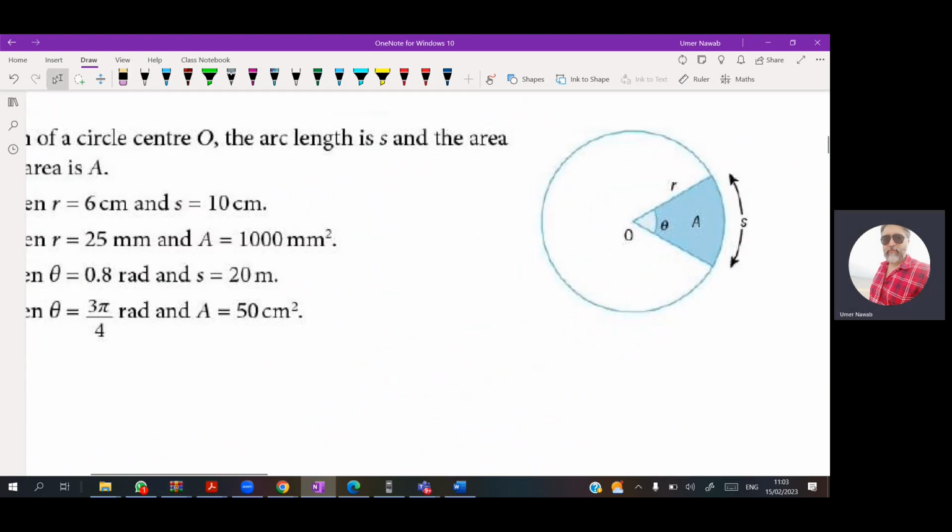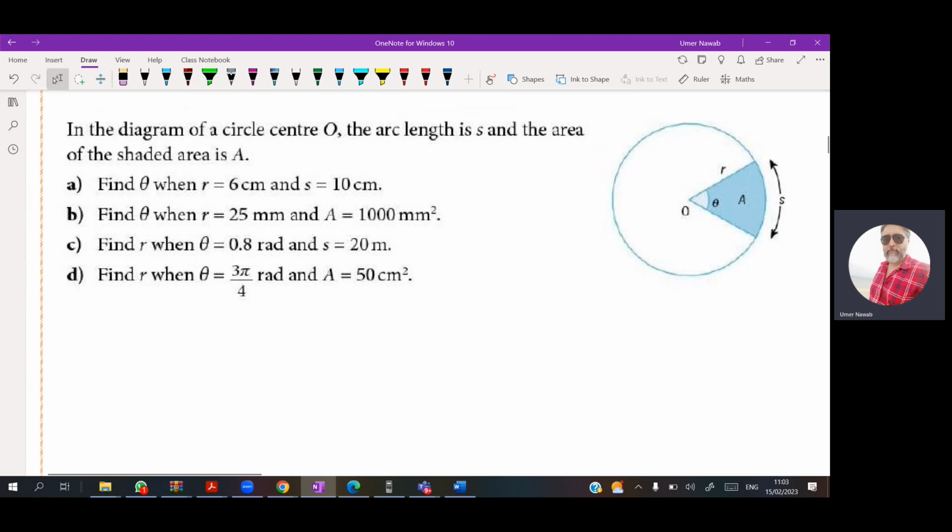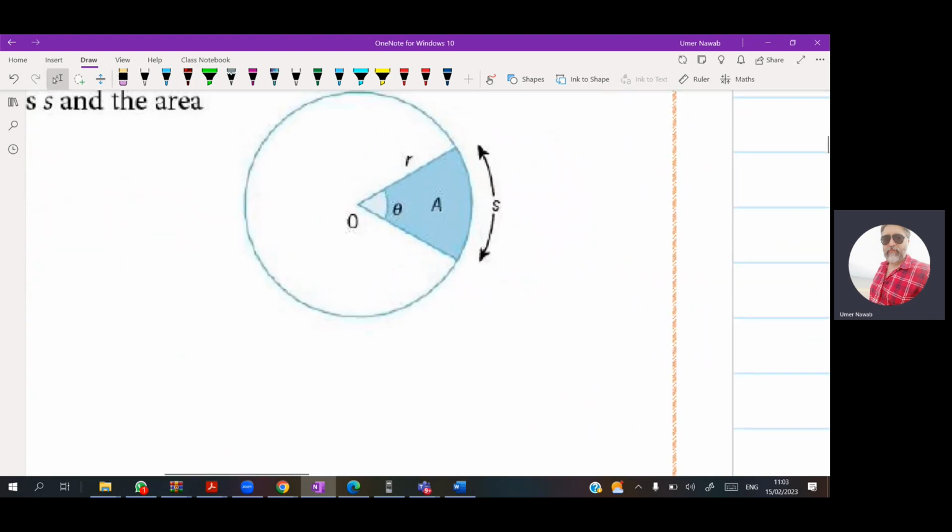As I said, in the final exam, at the end of the paper, you will be provided with MF19, where under the mensuration section, the area of a sector and the arc length formulas are provided. Let me write it again. Area of a sector is half r squared theta. Theta is in radians.